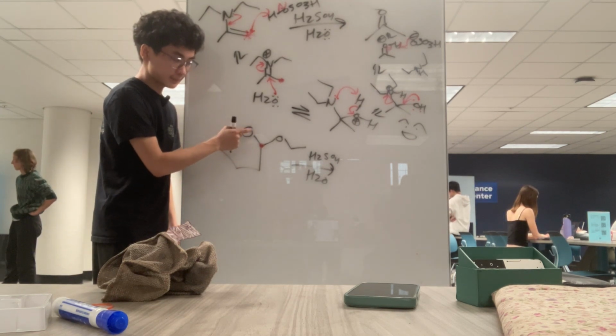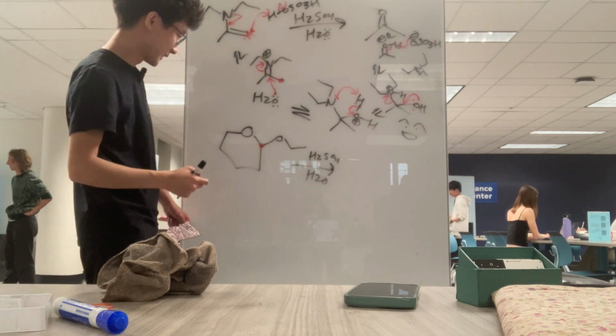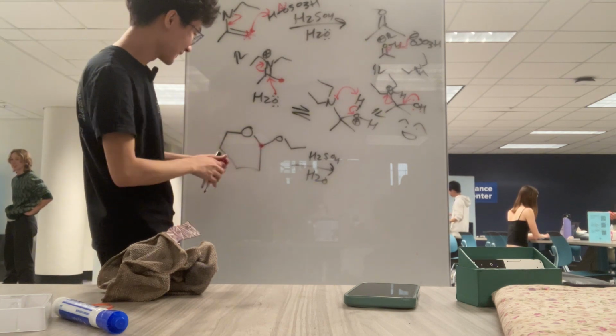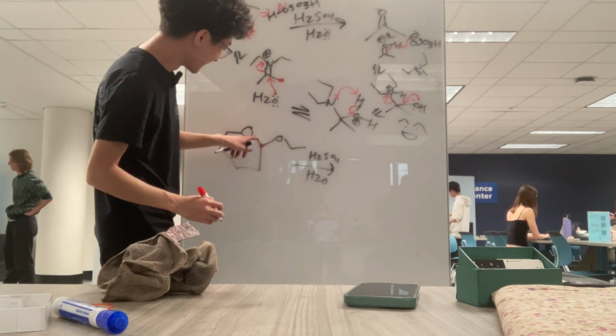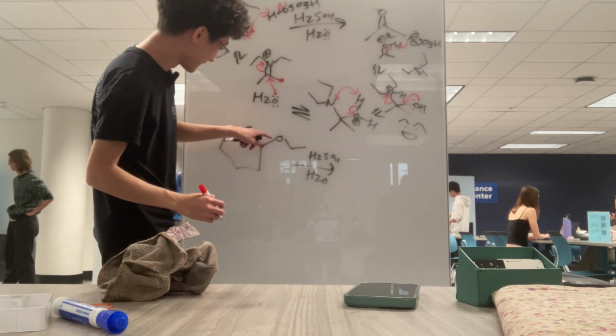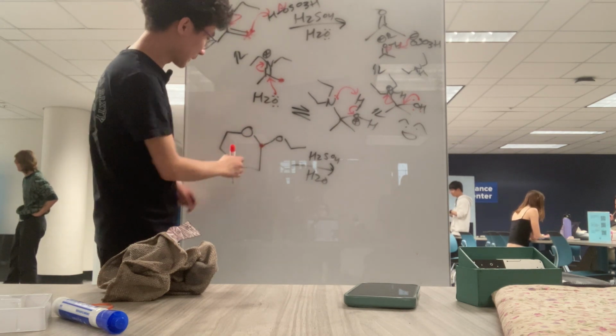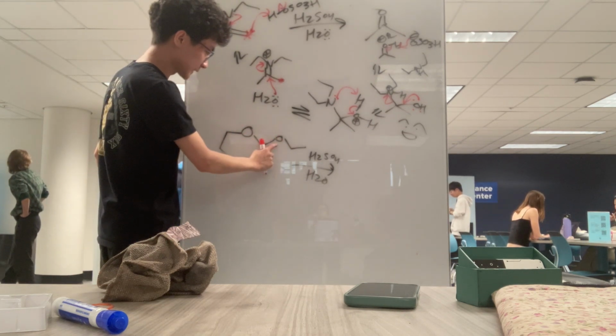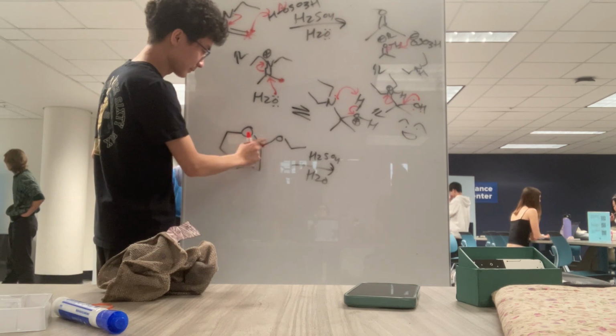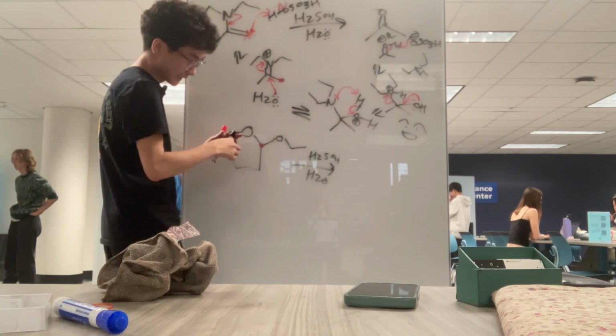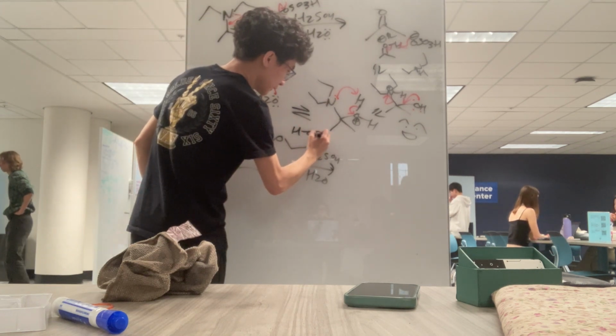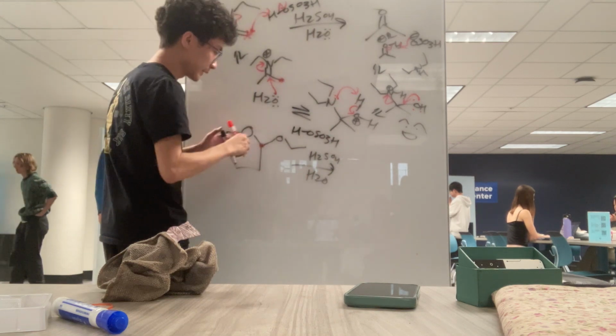Protonate. Wait, hold on. Because I'm thinking of, do we protonate this oxygen or this oxygen right here? The right one. Yeah, let's try that. Let's protonate the right one.